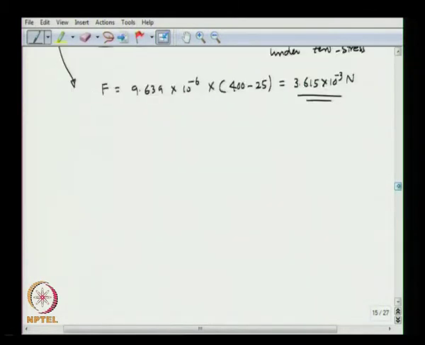Now let us try to find the flexural rigidity of the composite beam. EI of the beam.